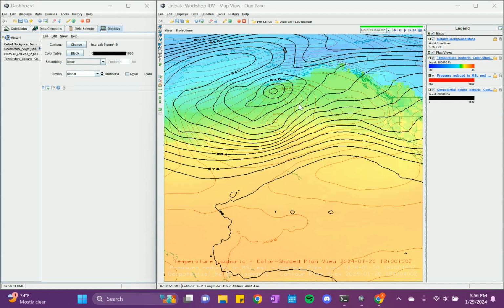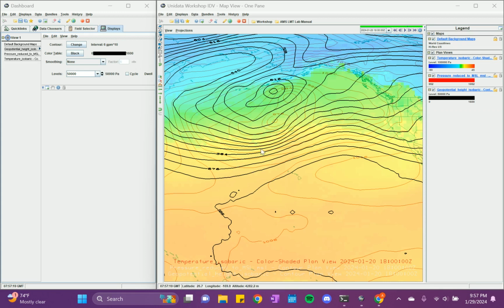In this IDV chart, we are looking at pressure reduced to mean sea level in red contours and 500 millibar geopotential heights in black contours. This shows us the jet stream, as we see here by these tightly packed contours running from west to east.